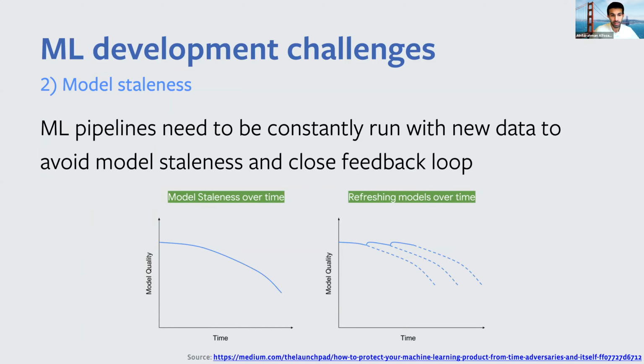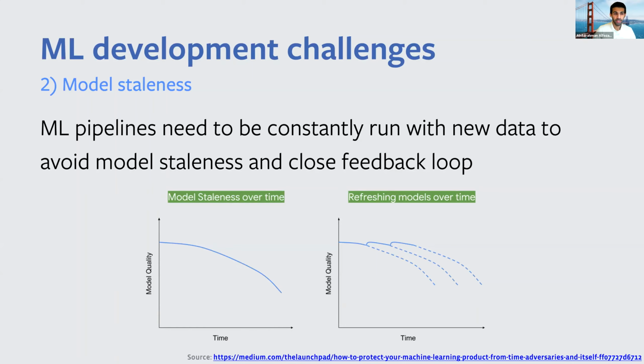What happens is, even if you have picked the right model with the right data and you train a good model, you optimize it to the best parameters you could, the models on their own will actually get worse over time because the data that you use to train them are no longer fresh. They're no longer representative of the user behavior or the user actions.